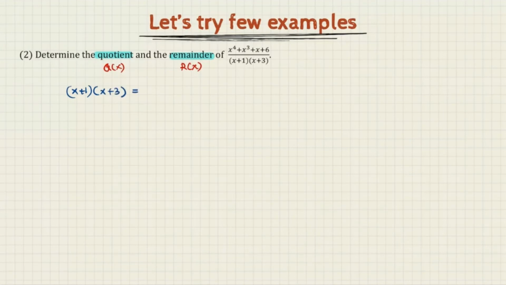Expand, what do we get? x square, 3x plus x will be 4x, and then 1 times 3 gives 3. Okay, so this is our divisor now. So we have x power of 4 plus x cube plus x plus 6, divided by x square plus 4x plus 3.